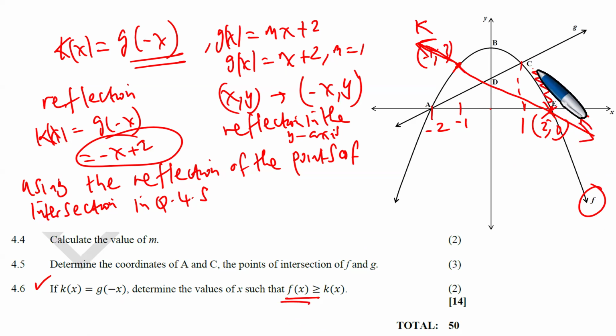So f is above k here. Where is it above? We can see it is above between minus 1 and 2. That's the answer. We're interested in the values of x for which this is the case, and therefore it is between minus 1 and 2.